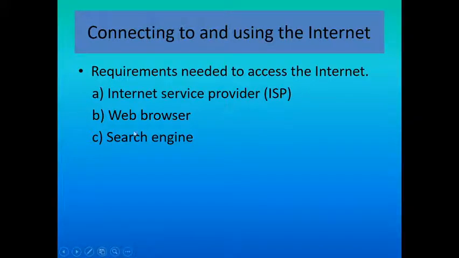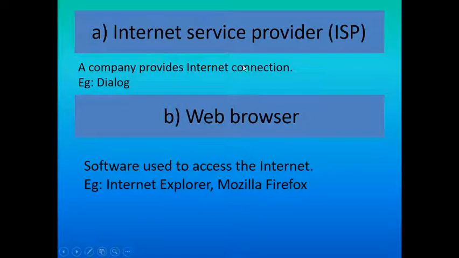And you need a web browser and a search engine. Internet service provider. It's a company, right? Like Dialog, SLT, Mobitel. A web browser is software. You can use it to access the internet, like Google Chrome, Mozilla Firefox, Internet Explorer.